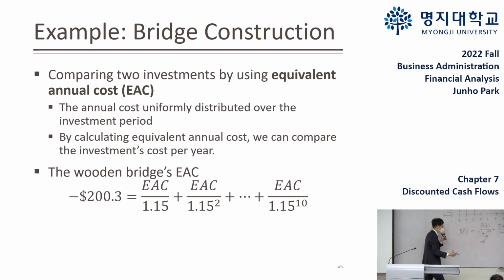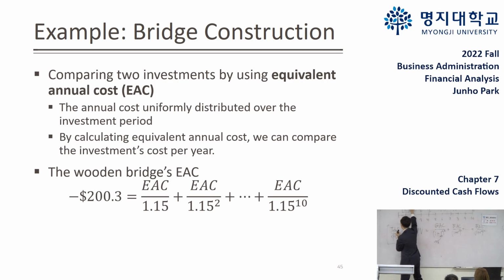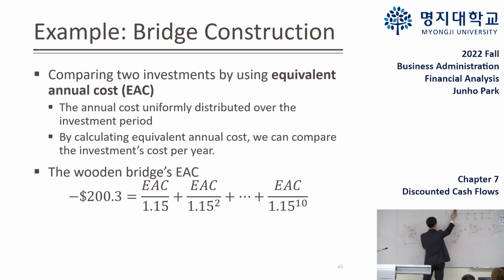Here, it seems very dirty and complicated. However, it is possible to calculate it because this is an equation of the first order, not the 10th order. What I mean is, we multiply EAC only one time for each of the variables.